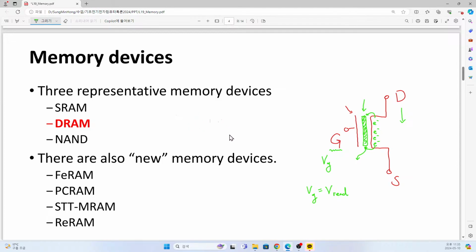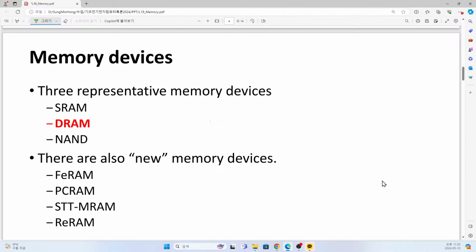Okay, let me just summarize today's lecture, the recorded one, lecture 19. Today we talked about memory devices. Here we have well commercialized and established memory families, and there are also alternative ones, based on the principle of changing resistance.